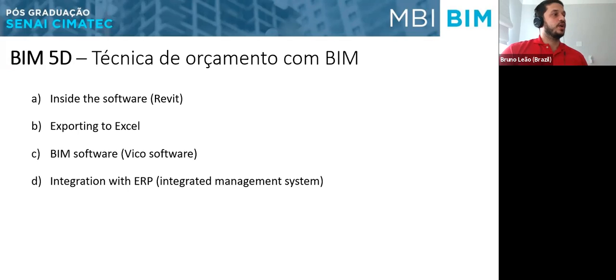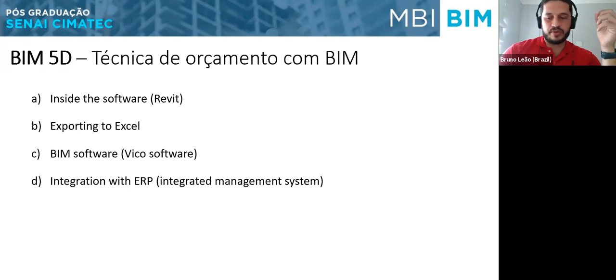And in general, when we are talking about BIM 5D, we have four types of developing the budget. We have the one inside the software, which is not the best one.